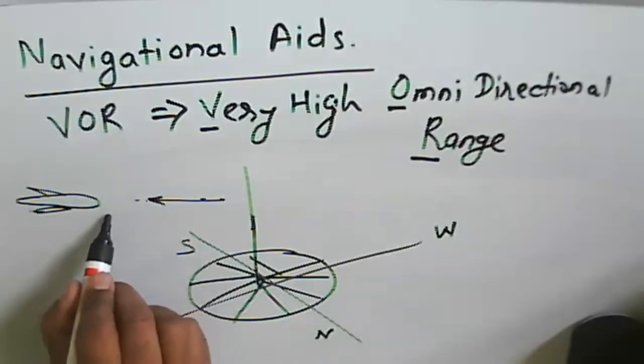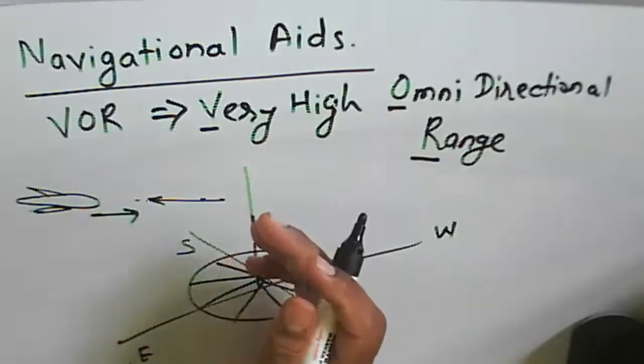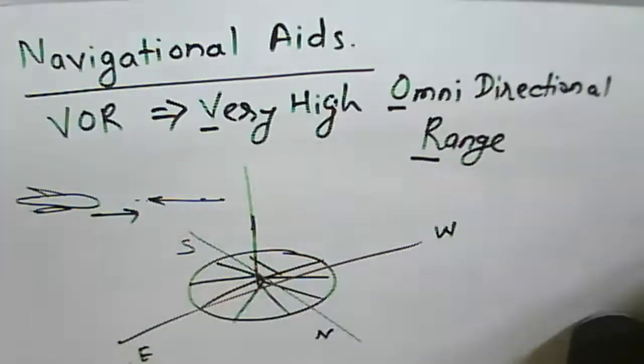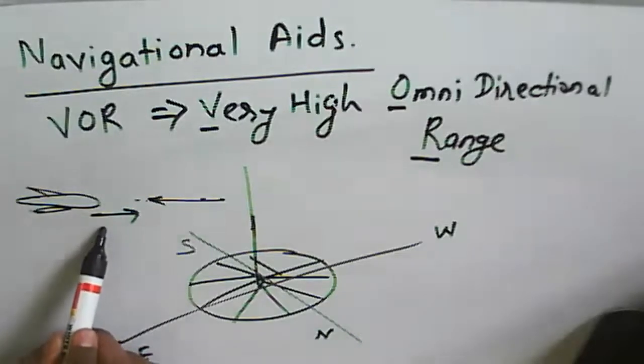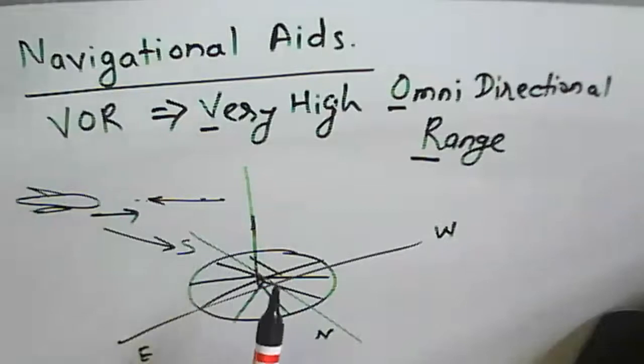A signal will be sent by the aircraft at this particular position, so we can find out the altitude. Mostly we can consider your aircraft is moving, and then a signal will be received at this VOR. From this, according to that, we are able to track the position of the aircraft.